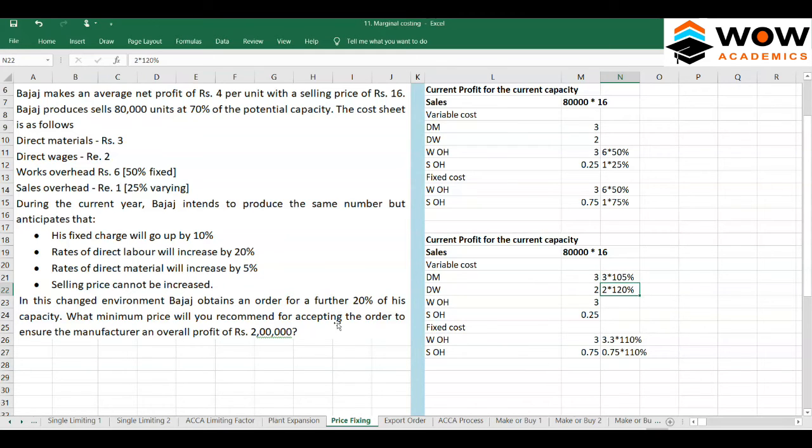So we can now find out the profit. Okay, we can find out the profit per unit. This is actually 16.